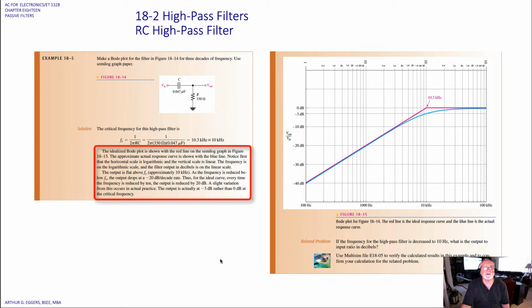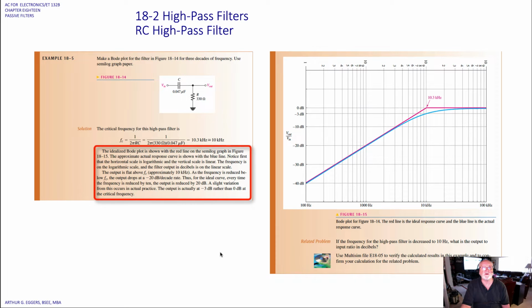Notice first that the horizontal scale is logarithmic, and the vertical scale again is linear. The frequency is on a log scale and the filter output in decibels is on a linear scale. So make sure you get this straight in your head. The output again is flat, this time above F sub C, approximately 10 kHz.